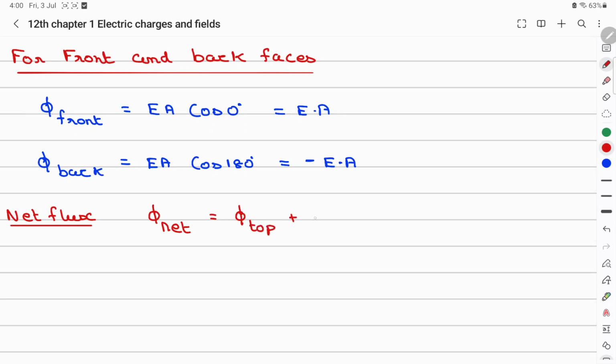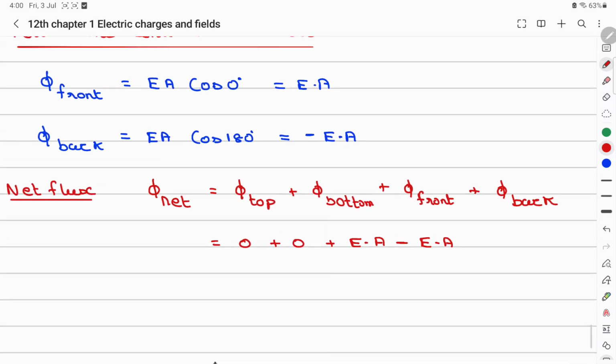So flux on the top, flux on the bottom, flux through the front face, flux through the back face. The top flux is 0, the bottom flux is also 0, the front flux is E dot A, and the back flux is minus E dot A. So the net flux will become 0.